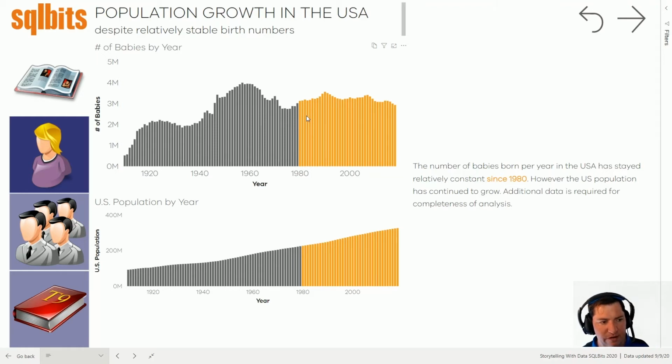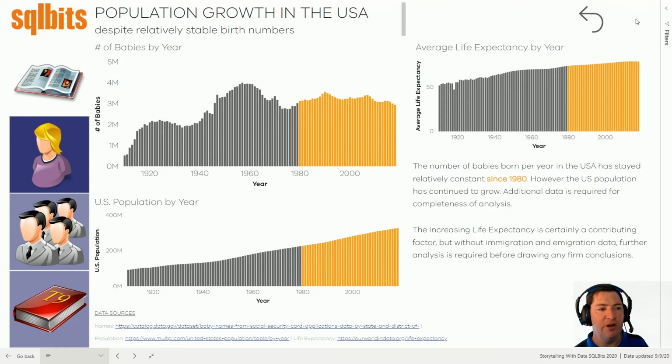The sources will appear in a second, but the conclusion is the falsehood here, because there are multiple factors that contribute to the number of people who are alive at a given time. And the one that I've actually managed to get data for has nothing to do with immigration at all.